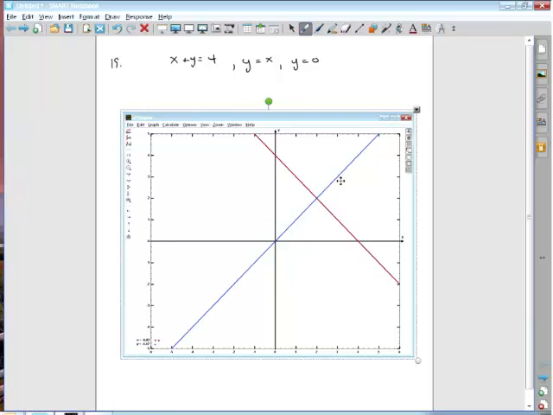I've got y equals x, which is the blue line, and I have x plus y equals 4. We can rewrite that as y is equal to 4 minus x. That has a negative slope, intersects the y-axis at y equals 4. So that's two sides. And we have the third side, which is y equals 0. So we have this triangle.